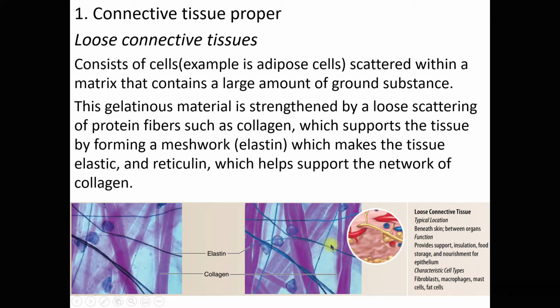This is what is inside the matrix: it has gelatinous material, and inside this gelatinous material there are many loose scattering protein fibers like this collagen. Apa ni collagen ni? Collagen, banyak collagen, collagen yang loose.